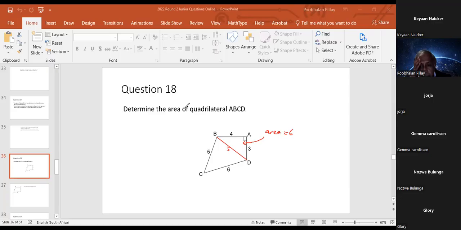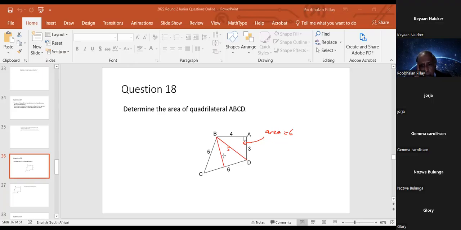But the important thing is that this is an isosceles triangle, you see. And you must always make a habit, even when you go all the way up to grade 12, whenever you have an isosceles triangle, a very important thing happens. You can split an isosceles triangle right down the middle to get two right angle triangles.